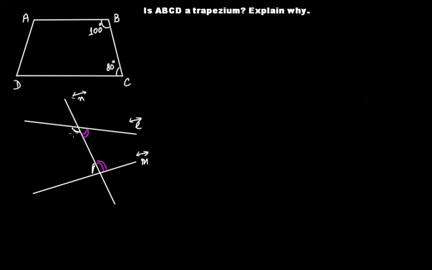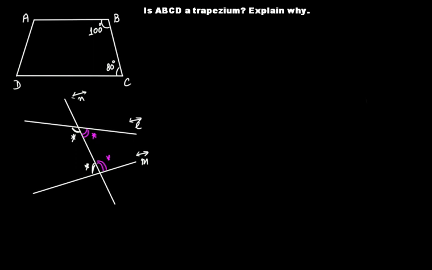If we add this angle and this angle, or if we add this angle and this angle, if you get the sum of these two angles as 180 degrees, it means that these two lines are parallel, right? We have discussed this here.